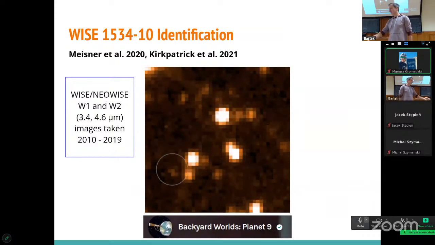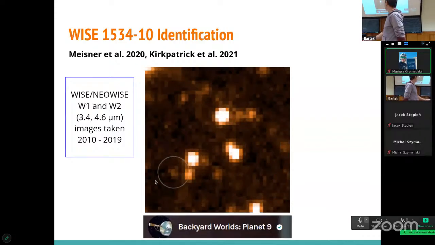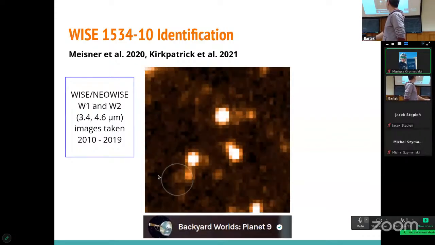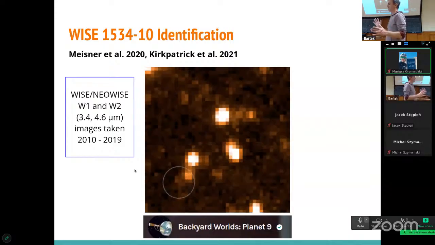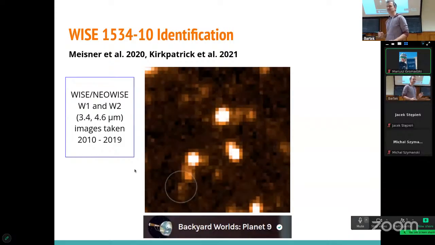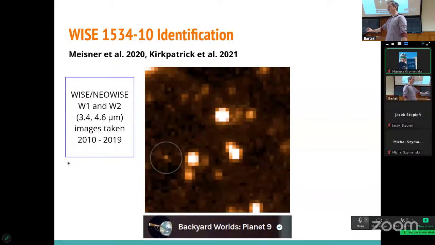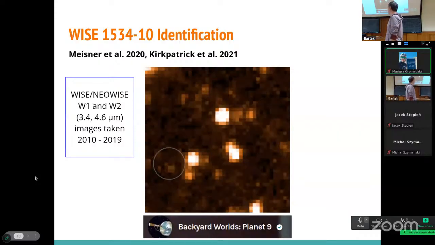He spotted this little source here, a bunch of brighter pixels just above the background, moving along the background stars. These are images taken over roughly 9 years, from 2010.